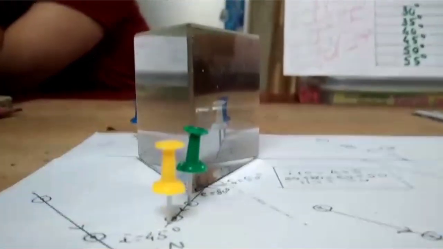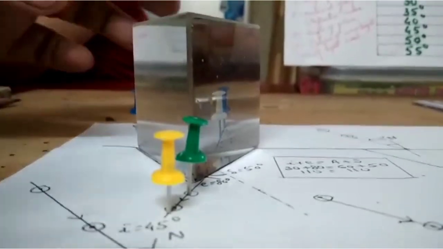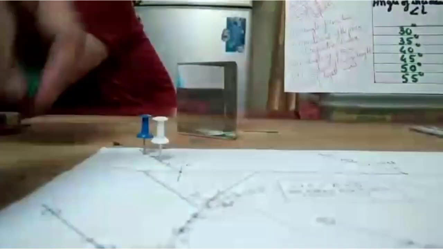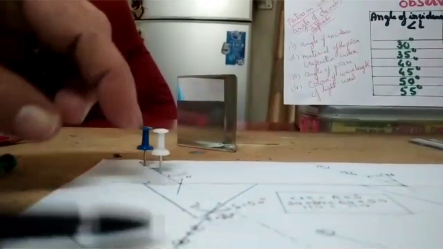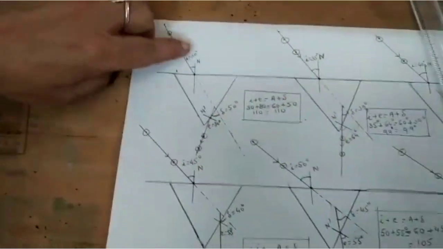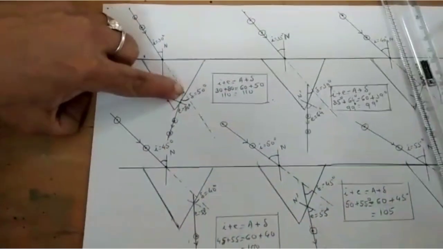Okay, so now what I do is I pick up this, and I have drawn circles where the pins were, and now I have joined this line.